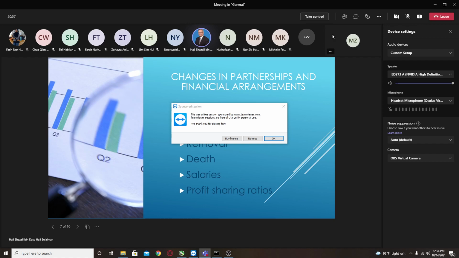The way that KPMG used to work, which is a bit easier, is our financial year end is end of September. So when you retire from the partnership, when you reach your retirement age, you serve until the financial year end, which is end of September. So then any changes to the partnership only happens at the start of the year, not in the middle of the year. It's the same thing like admission.